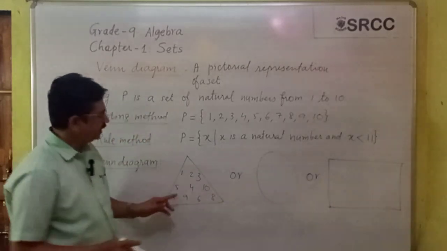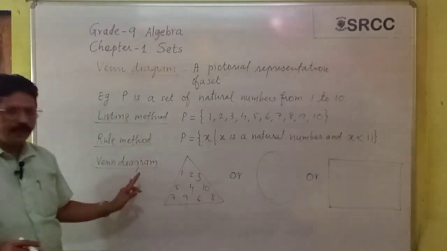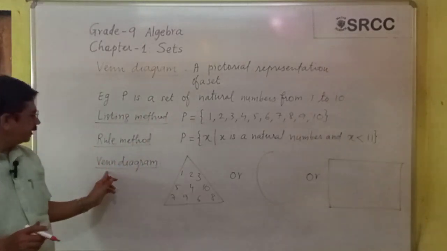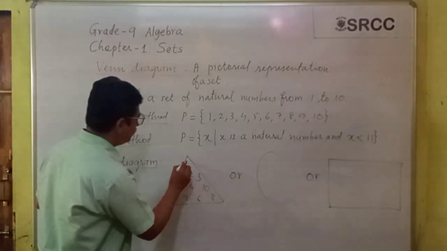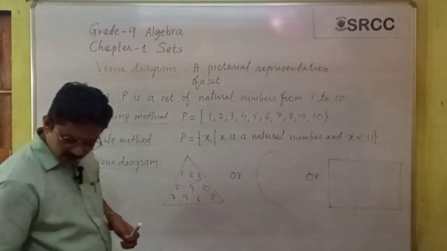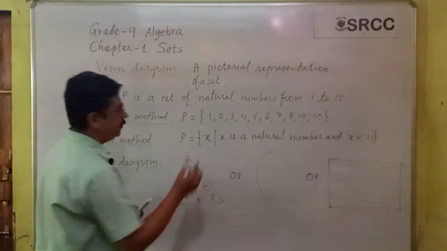So in this way, we can represent set P by using Venn diagram. And here we have to write the name of the set.